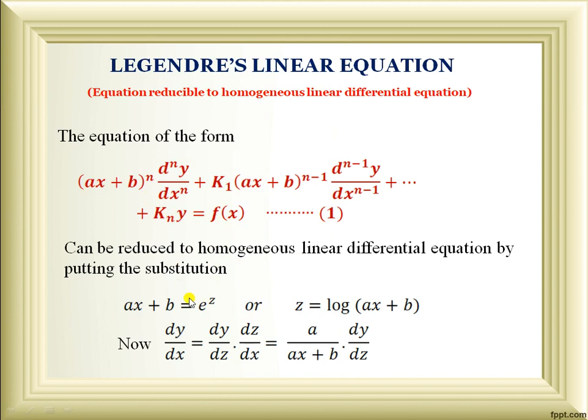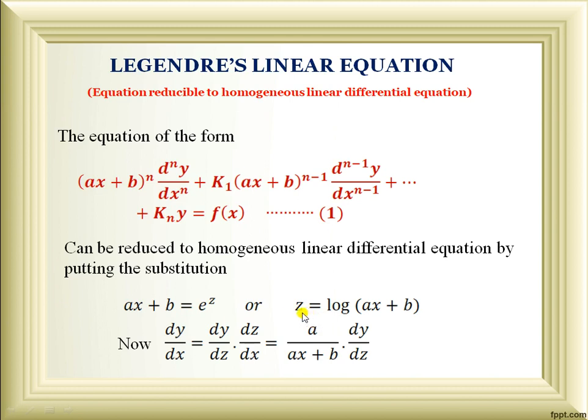For that, I am using the substitution ax plus b is equal to e to the power z. After taking logarithm in this equation, I will get the form z equal to log of (ax plus b). I may rewrite dy by dx as dy by dz into dz by dx. From this z itself, I can find the dz by dx value.